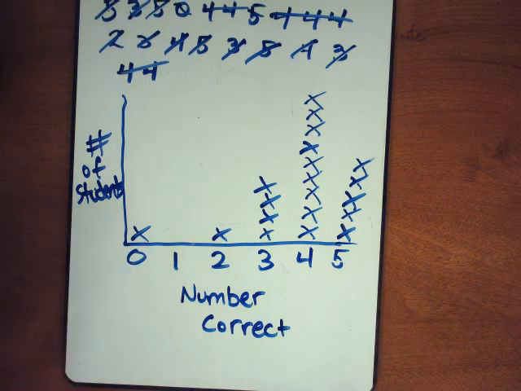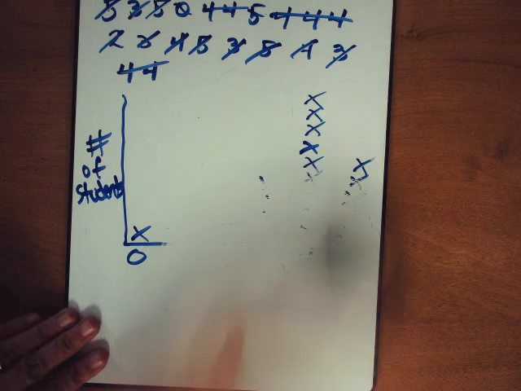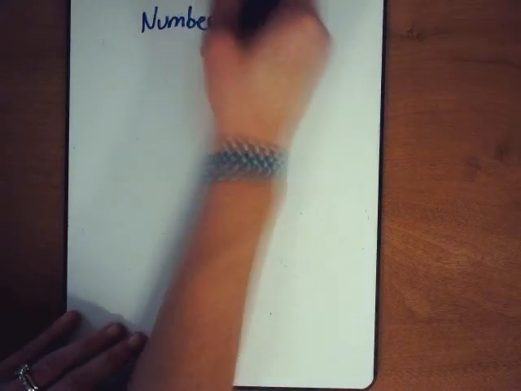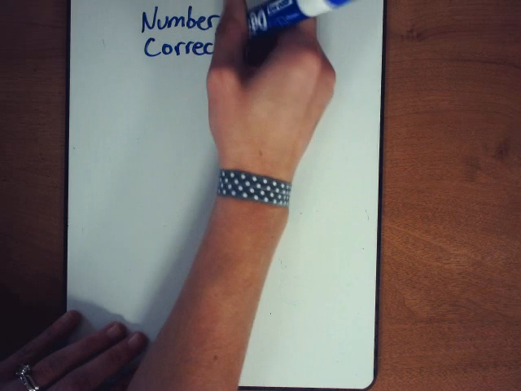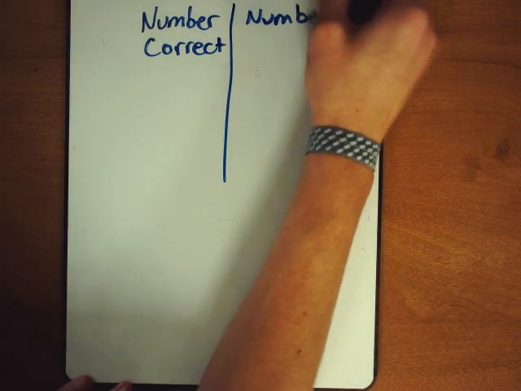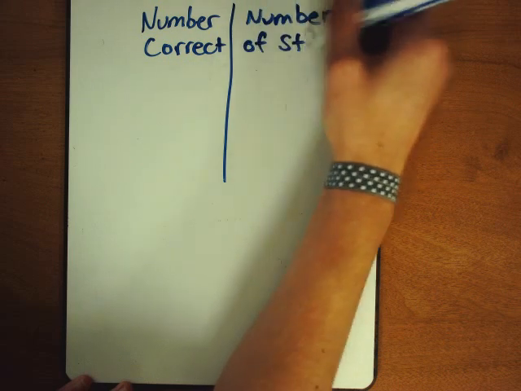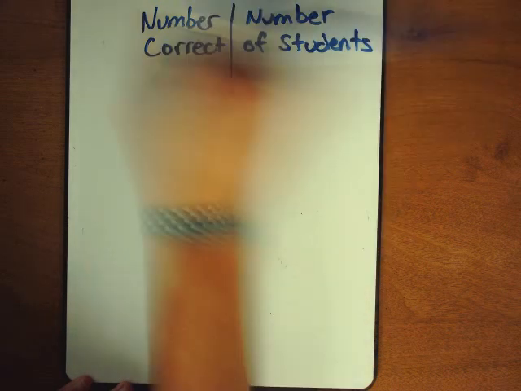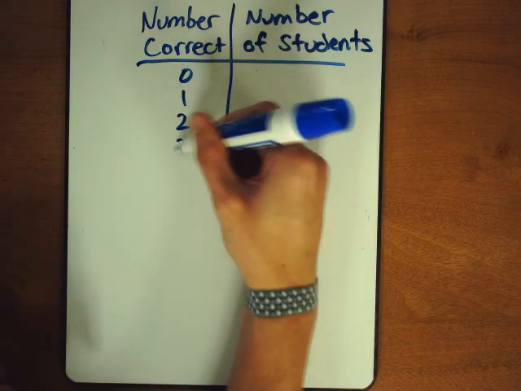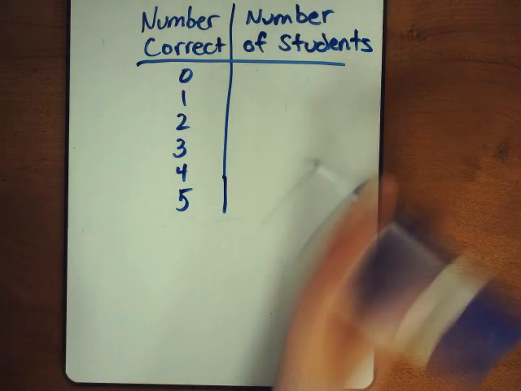So I'm going to use this right here to create just a quick tally chart. So I've got this still written on my notebook next to me, and I'm going to use this to make a quick tally chart. So I have number correct, number of students, okay, so I could have had 0, 1, 2, 3, 4, or 5.